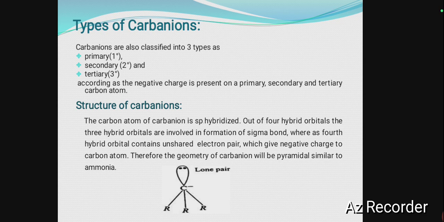As we discussed in the case of carbocations, similarly the carbanions are also classified into three types: primary carbanions, secondary carbanions, and tertiary carbanions, according as the negative charge is present on a primary, secondary, or tertiary carbon atom.